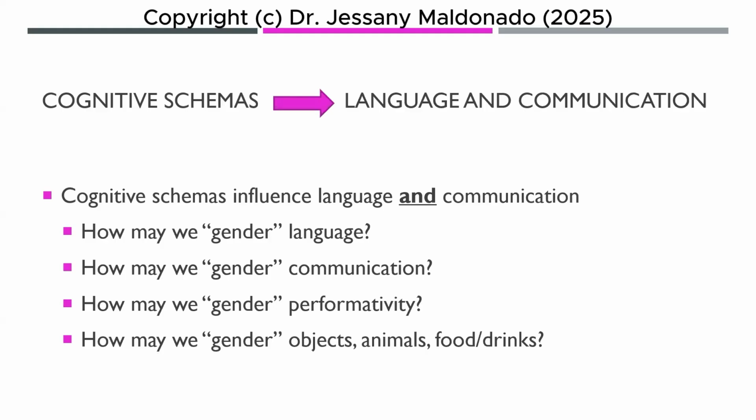So cognitive schemas influence language and communication. Again, these are the symbols that make up words and the meanings that we assign to those words. So I want you to think about how we may gender language. What about how we may gender communication, gender performativity, or even gender objects, animals, food, and drinks?